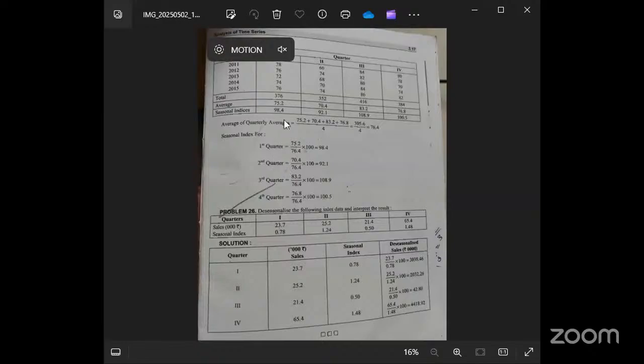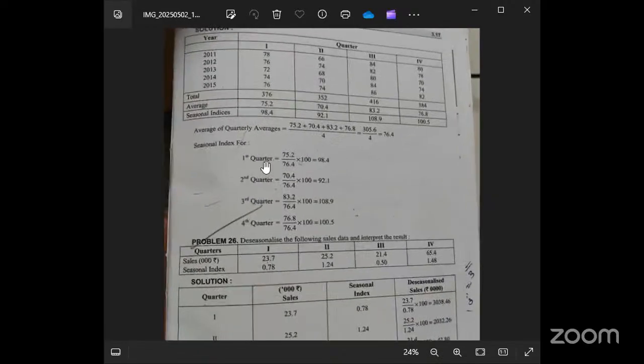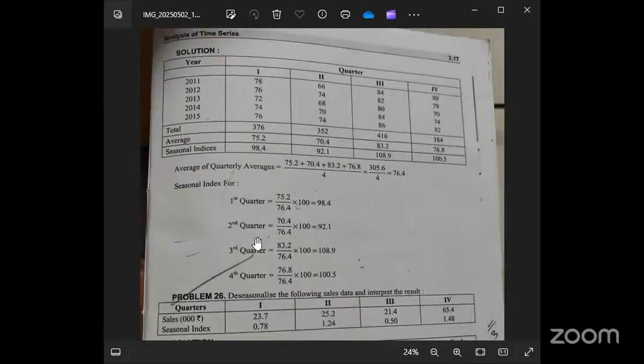If you see here, they have given a question like: assuming no trend in the series, calculate seasonal indices for the following data. They have given you the years 2011, 12, 13, 14, 15, and quarters: first quarter, second quarter, third quarter, and fourth quarter. Same we need to do.